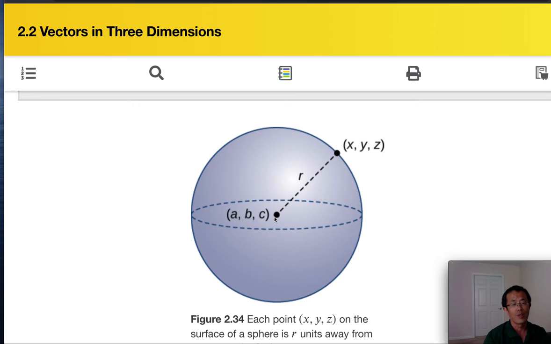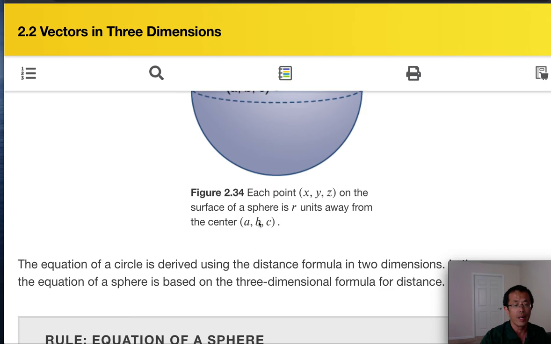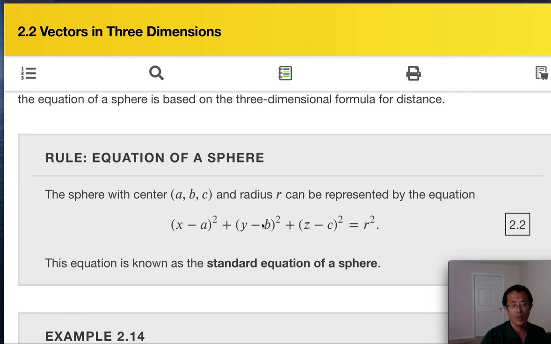So accordingly, the equation of a sphere is generated from the distance formula. If you think very carefully, A, B, C form the coordinates for the center. X, Y, Z could be of any points.